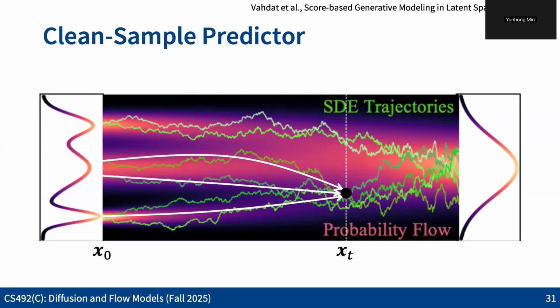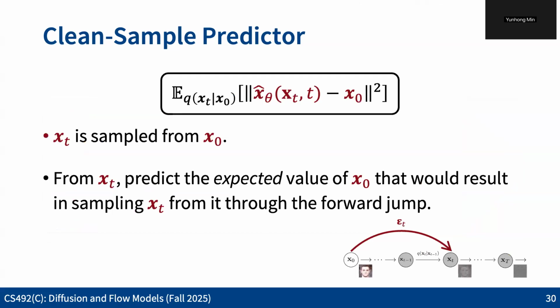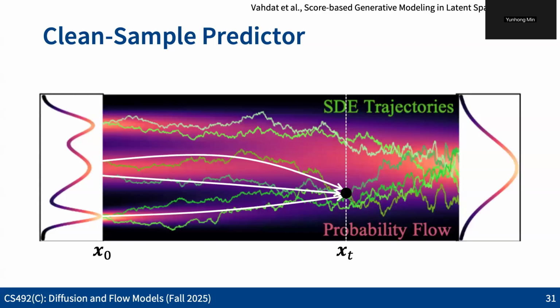And as you can see, from an arbitrary xt there can be multiple possible x0 that would result in reaching this point through the forward process. Right? And what we are doing with the x0 prediction here, with this loss function and this network, is to predict the expected value, the average value, of the x0 that would result in sampling the xt from the forward process. Make sense?